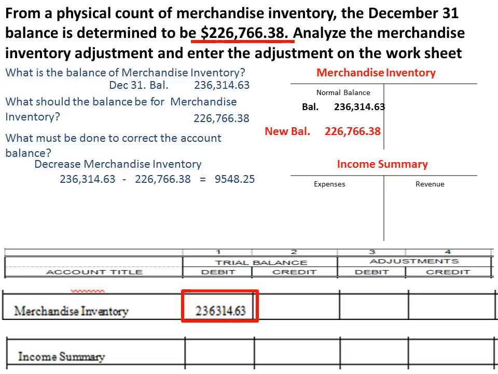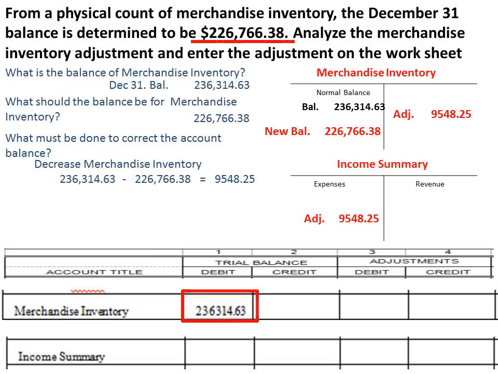The way we decrease merchandise inventory, because it's an asset account and it has a debit normal balance, is with a credit entry of the amount that was sold or used, $9,548.25. Our contra account to that is going to be an expense account. It's going to be the expense side of the income summary account, or a debit entry to income summary.